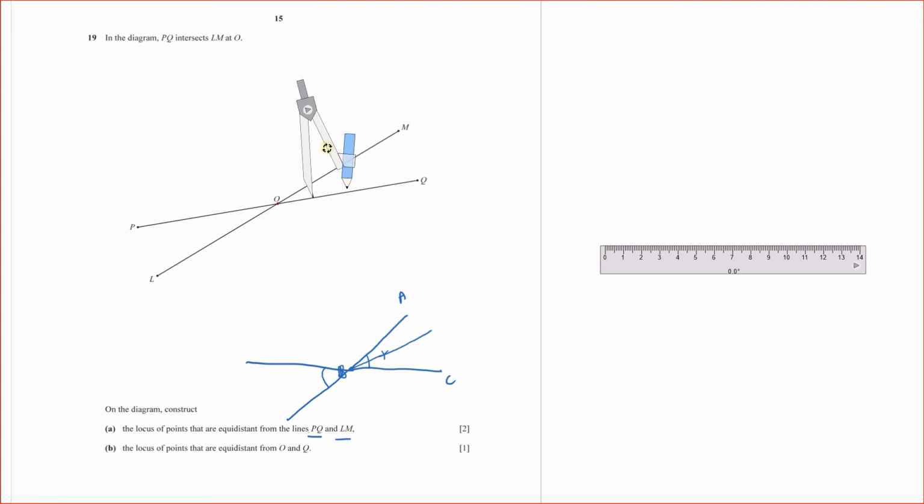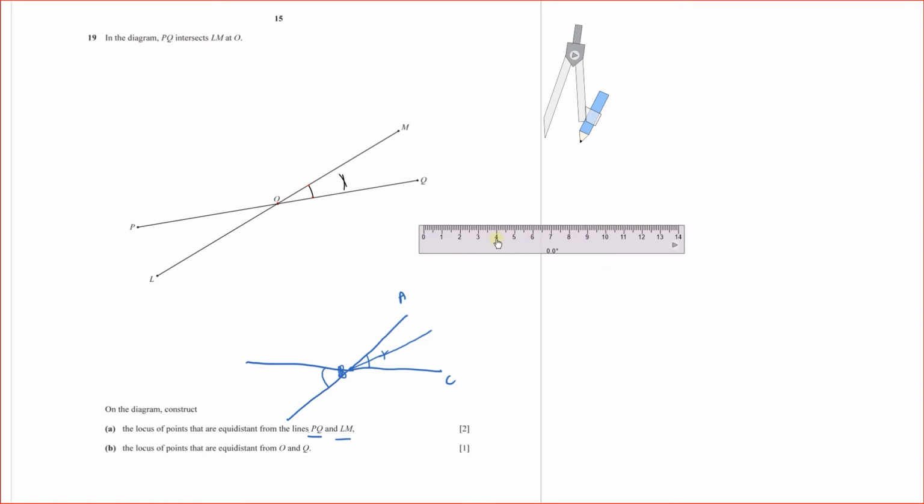Make sure your compass length is not changed. Draw another arc like this, then place it on the other side and draw another arc. So now if you join this point with this point O, you will get the angle bisector. So let's join.